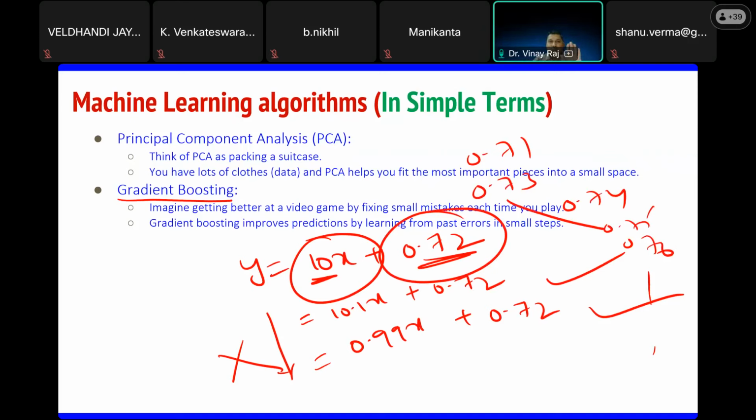So one parameter you are fixing, that is 10. The other one you are trying to increase and decrease. When you're increasing, it is performing better, yes, it is matching with the real output. When I'm decreasing, no, it is not working. So leave that decreasing part, only increase 0.01, 0.73, 0.74, 0.75. Slowly increase it. At a certain point, when you increase more, it is again going beyond it. So you're making small corrections and forming a better model. That is gradient boosting.